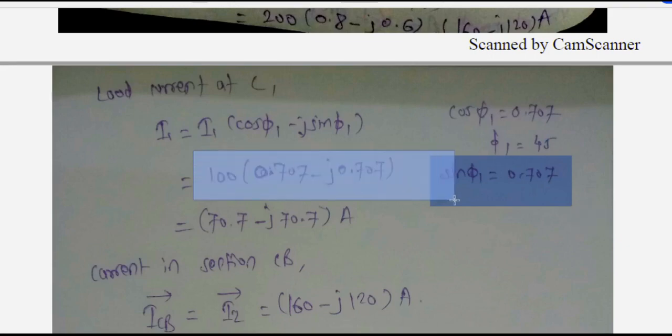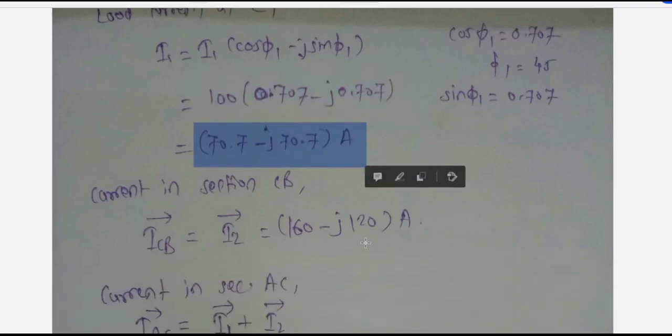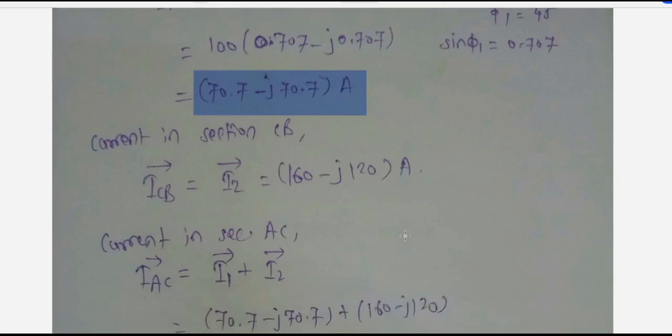Putting all the values together, we get the value of I1 as 70.7 minus j times 70.7 ampere. Current in section CB, ICB, is equal to I2, and that is 160 minus j times 120 ampere.